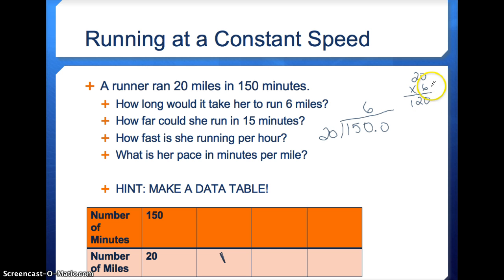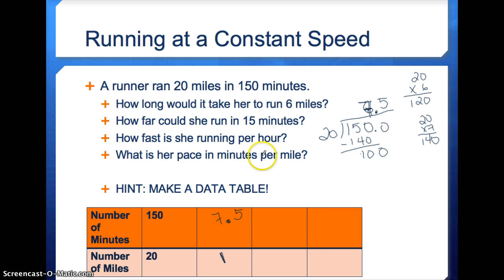Oh, we need one more, so 7. So 20 times 7 is 140, and so this should be a 7, sorry. This is a 7. We bring up our decimal, we subtract, we have 140. This is 10, we bring down our 0, and 20 goes into 105 times. So this is 7 and 5/10, or 7.5. Okay, that's how long it takes her to run 1 mile.